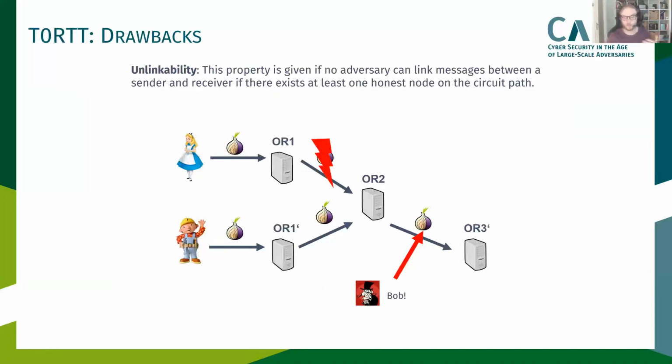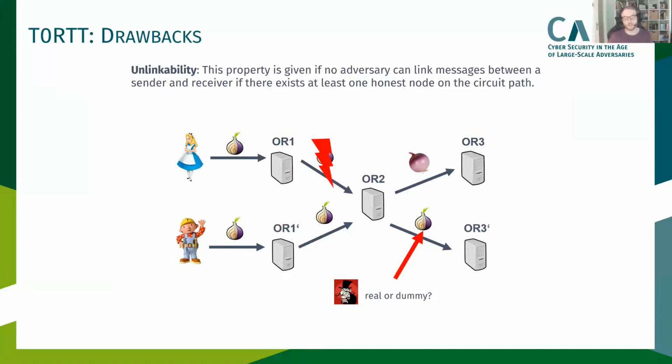But we solve this problem by using a technique we call dummy onions. If an onion message would fail at the decryption process, the onion router has to output a dummy onion. This dummy onion should be indistinguishable from a message that would have been sent if the decryption process was successful.